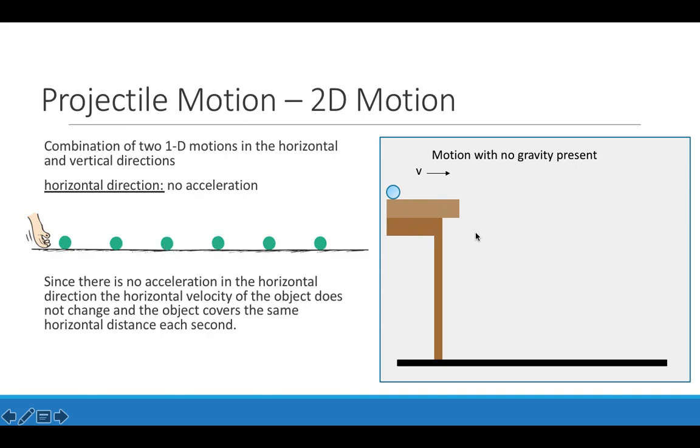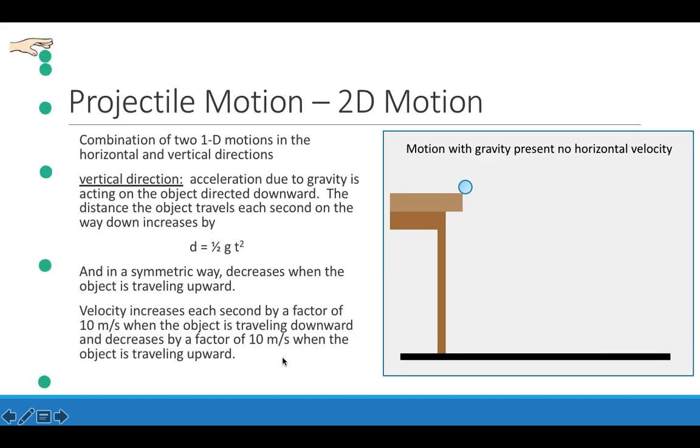Here in the animation, as I click on it, I have a ball traveling with some velocity v off the edge of a table. In this case, if gravity was not present, the ball every second would just follow a straight line path and cover the same distance every second that goes by.